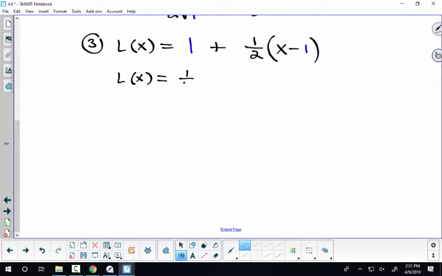We all ended up with 1/2 x plus 1/2, or x plus 1/2, same thing, or 1/2 times x minus 1.